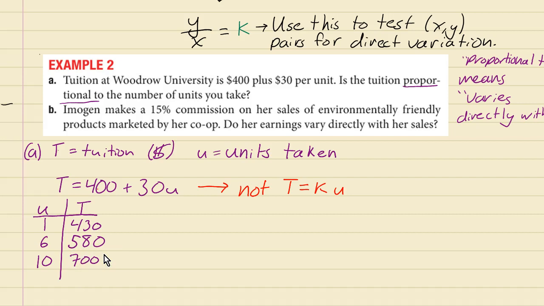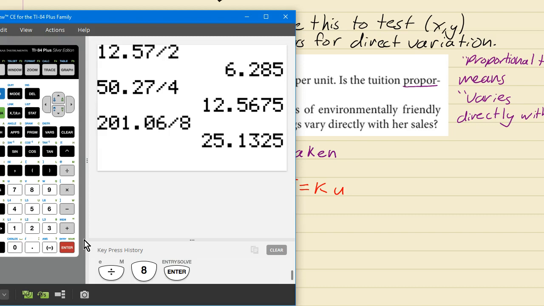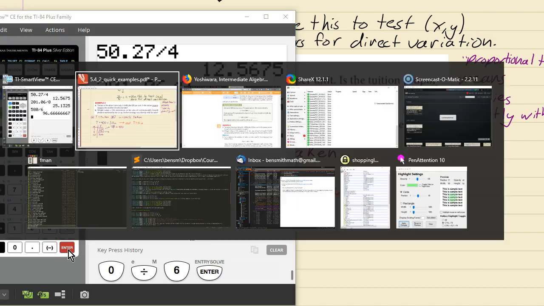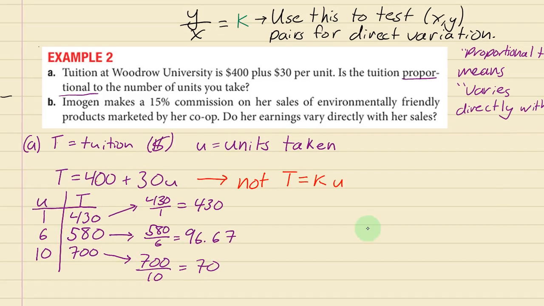So if we calculate t over u, with this first one, 430 divided by 1 is 430. Here 580 divided by 6 is 96.67. And 700 divided by 10 is 70. So yeah, these numbers are very different. So we can definitely answer this question and say that t does not vary directly with u.